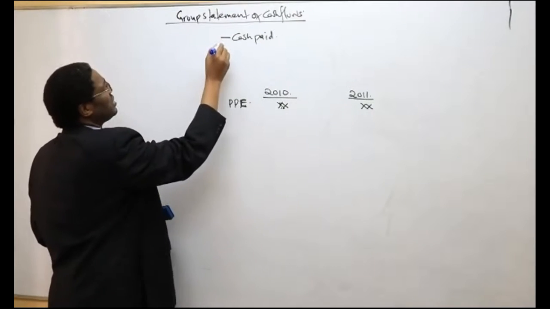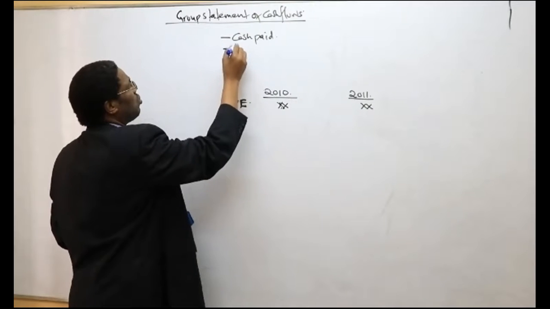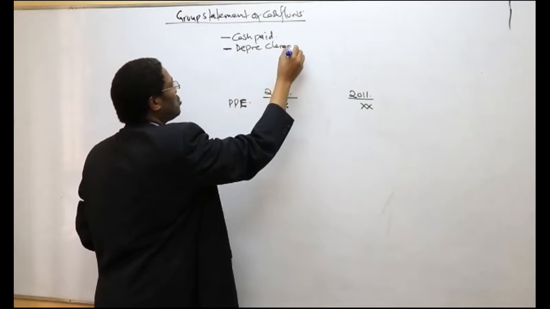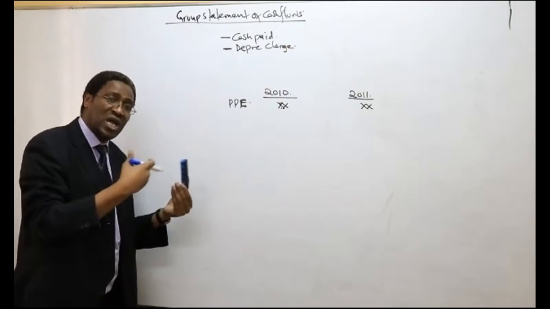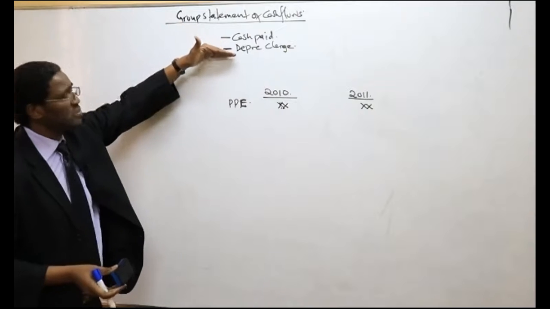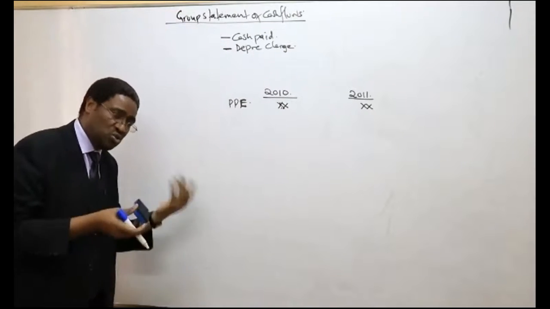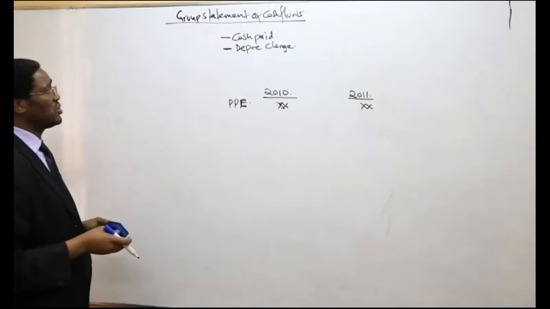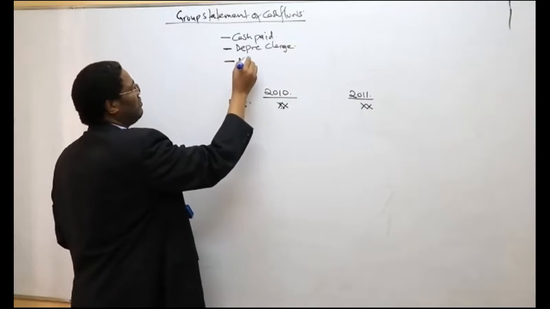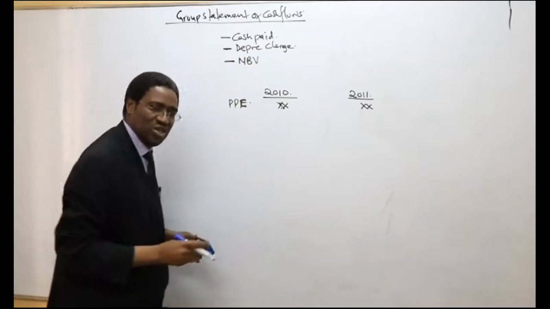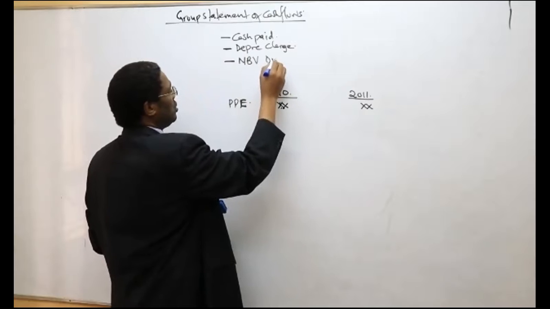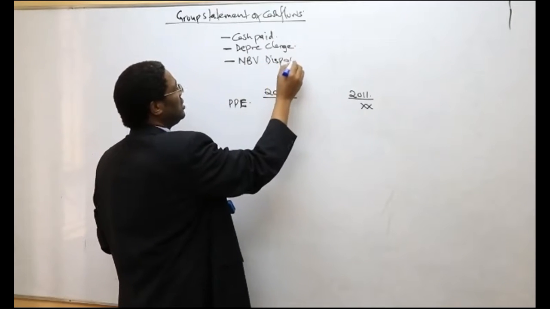Alternatively, some questions don't give you the depreciation charge for the year, and so you may be required to calculate it, and you need it again in the cash flow statement among the non-cash items. Then another thing that the examiner sometimes does not give you is the net book value of the asset disposed, the net book value of any disposal.